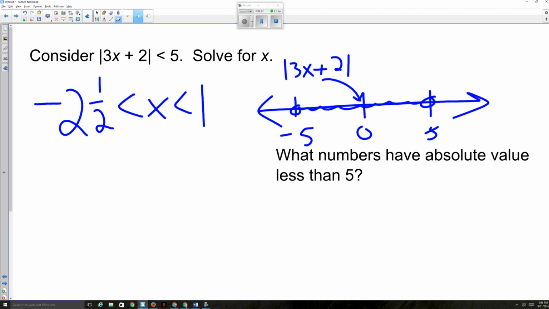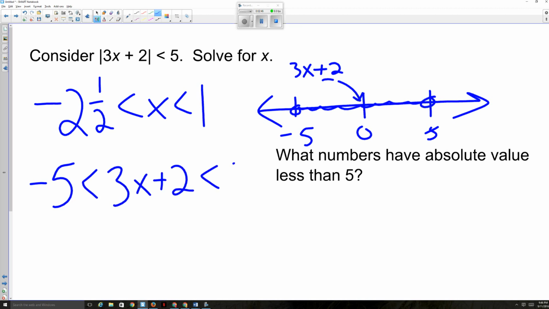I shouldn't say that. That's not totally correct. Let me fix that. Okay, so 3x plus 2 has to lie in there somewhere. So we're going to say that -5 is less than 3x plus 2 is less than 5. It lies in there somewhere.